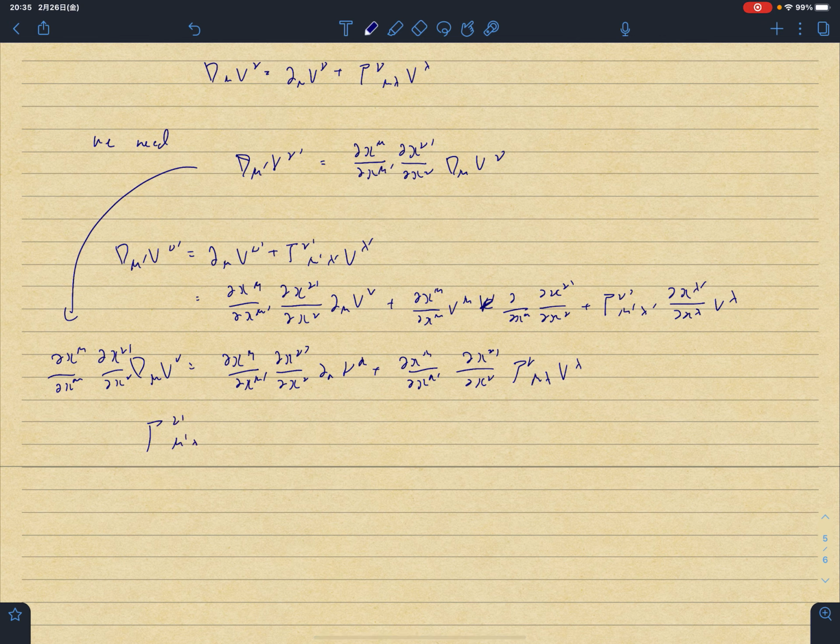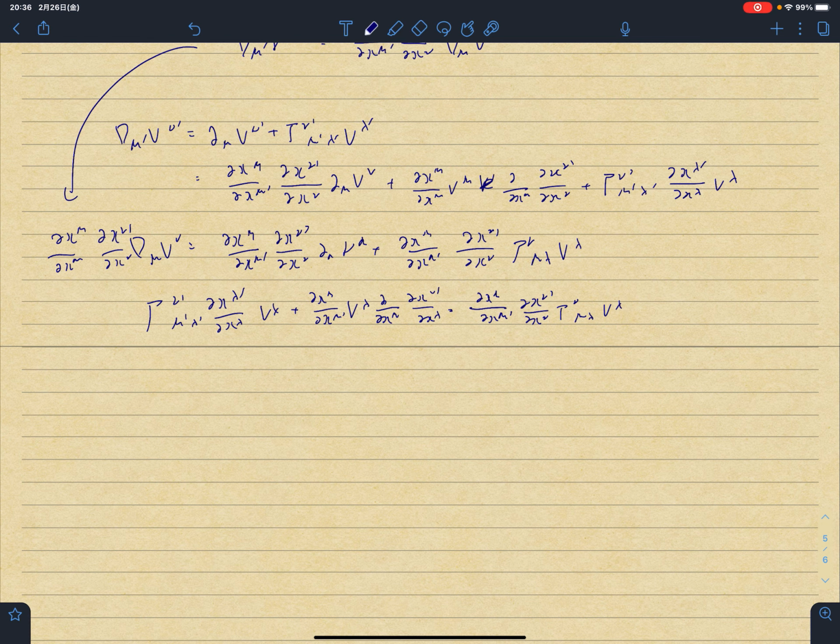So mu lambda dash dx dash lambda. Of course, we finally get this relation.